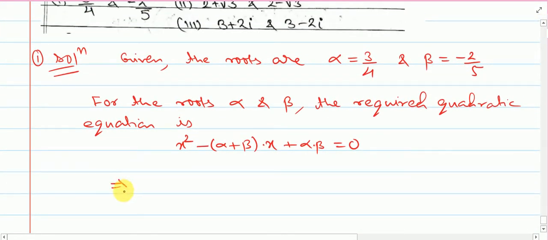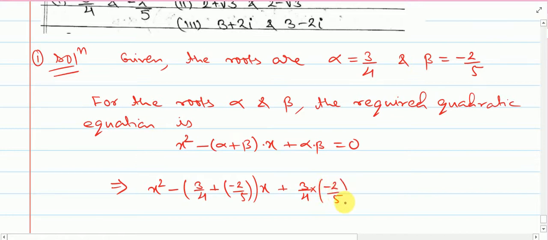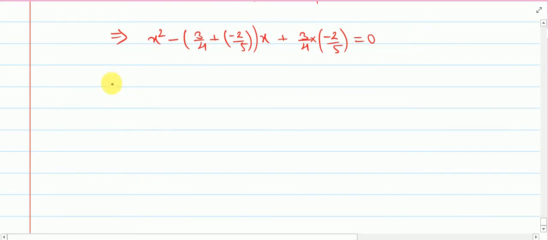Now substitute the values. So x square minus, your alpha is 3 by 4, beta is minus 2 by 5, and here 3 by 4 into minus 2 by 5 equal to 0. Then x square minus, here LCM of 4 and 5 is 20.